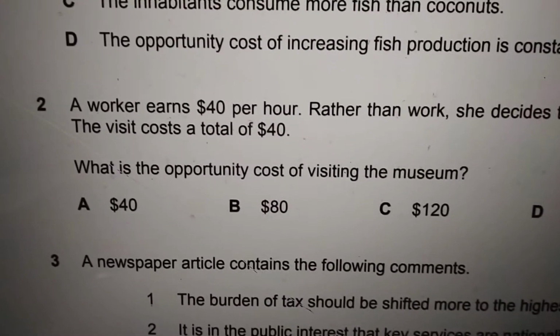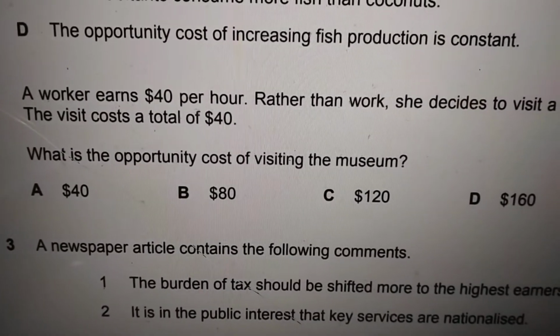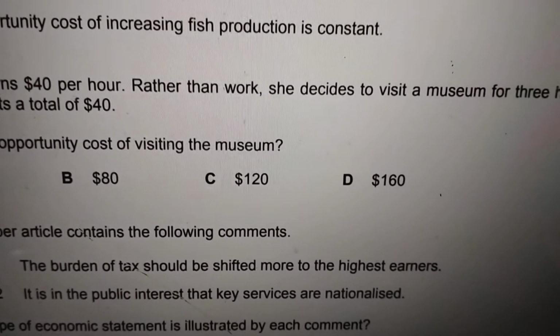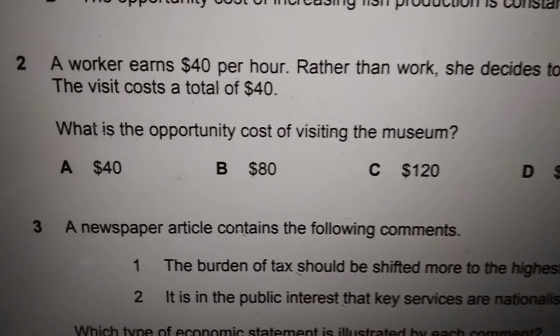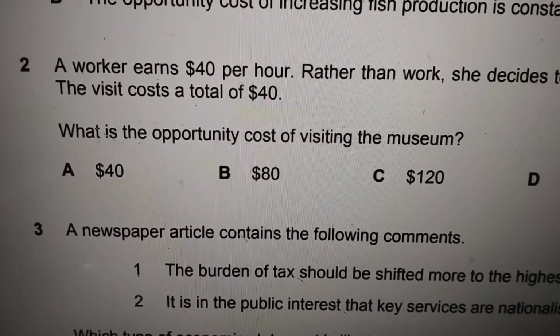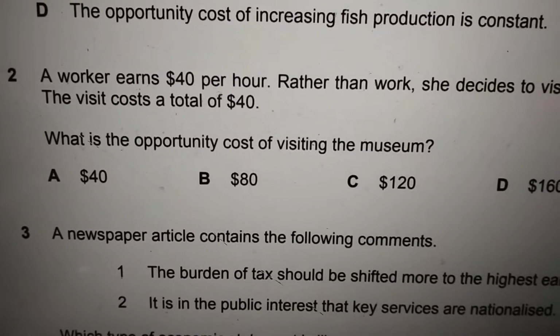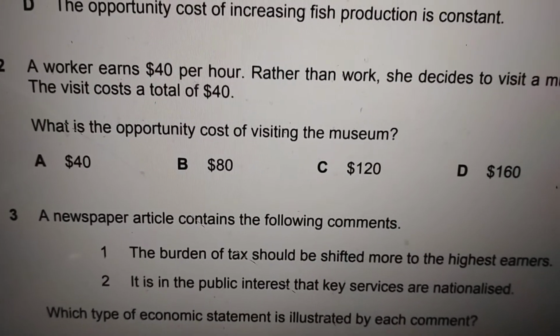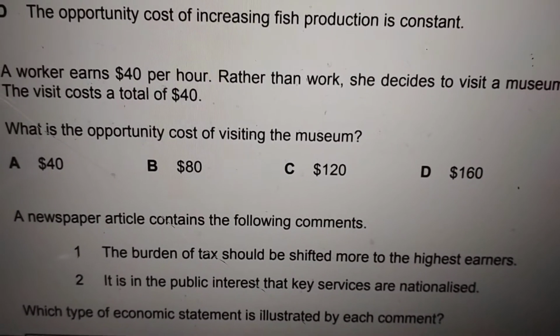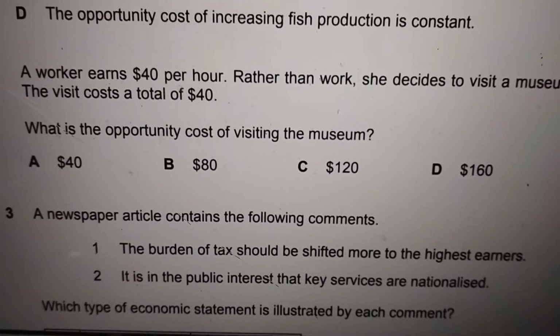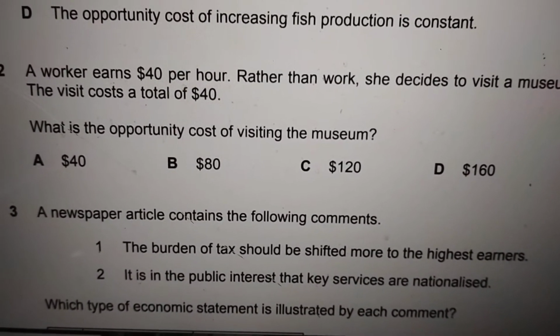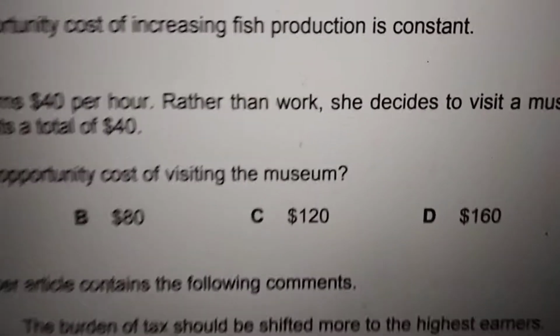Okay, looking at question number 2, a worker earns $40 per hour. Rather than work, she decides to visit a museum for 3 hours, and the visit costs a total of $40. So what is the opportunity cost of visiting the museum? It's very simple: she is not working for 3 hours, so 40 multiplied by 3 will give you $120.